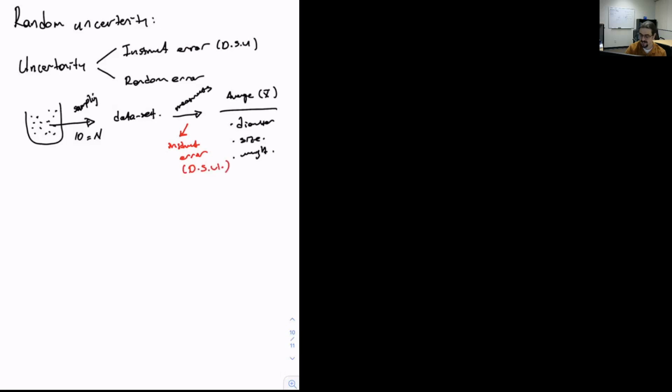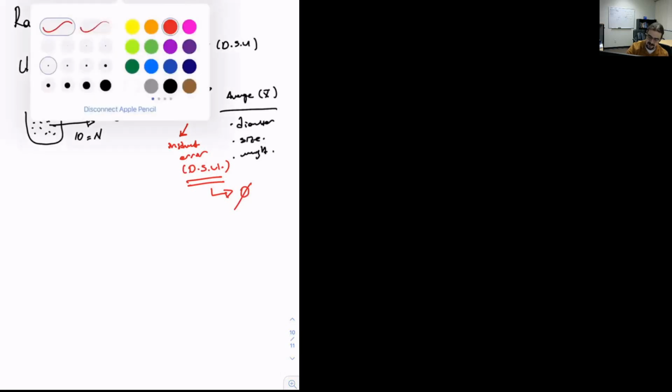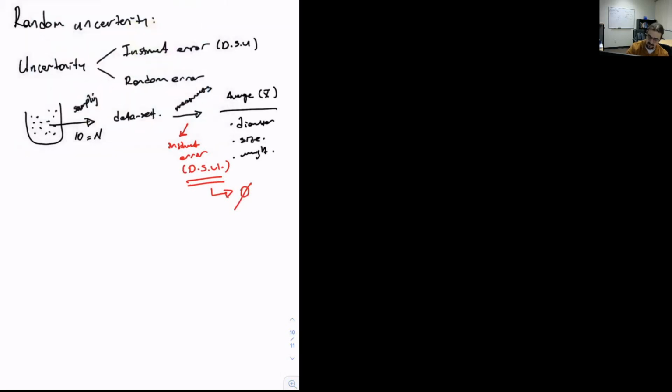For today's discussion, let's assume that design stage uncertainty is 0, so let's not think about it. The errors that are associated with my sampling and data set are the ones that form the basis of random error.